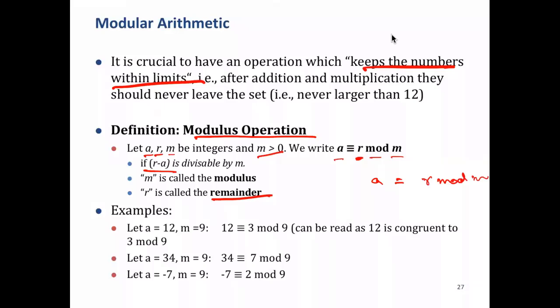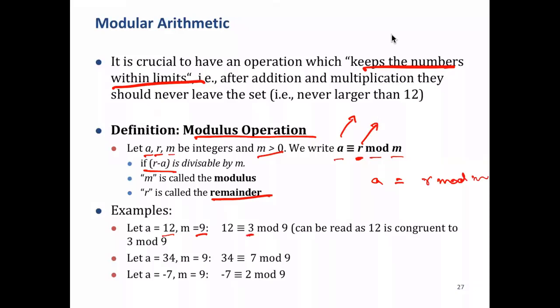Now there is no unique value of r. Normally we take the smallest one, but it can have many values. Similarly, a can have many values, because it's a modulo function, right? So for example, if a is 12 and m is 9, then what would be the value of r?